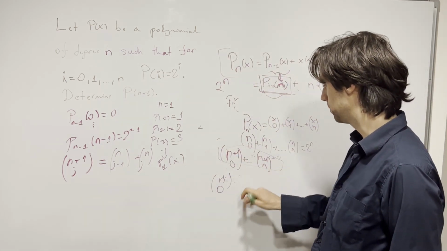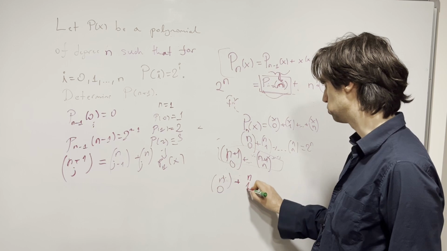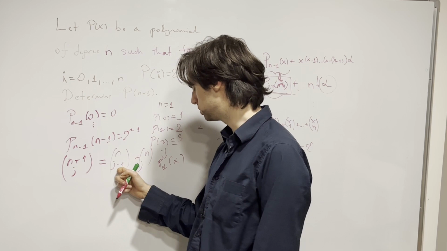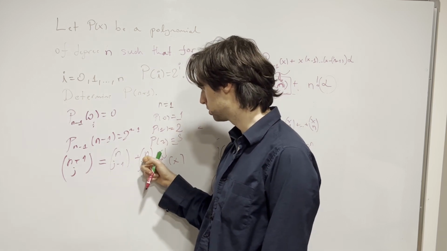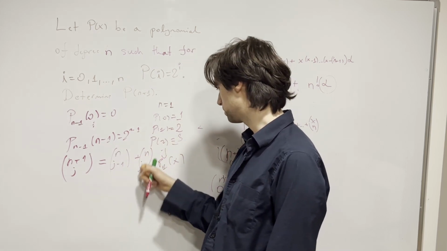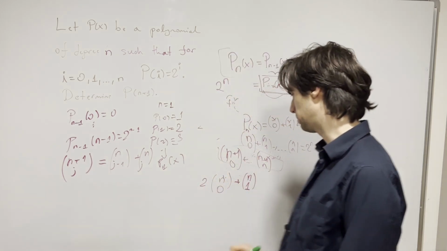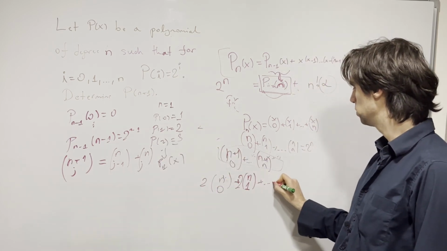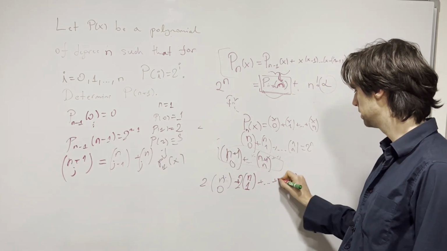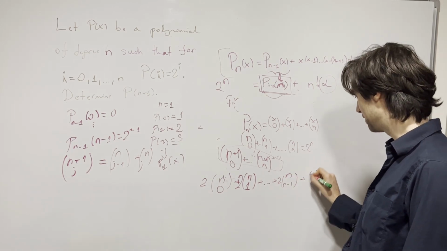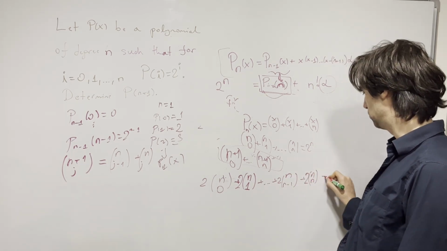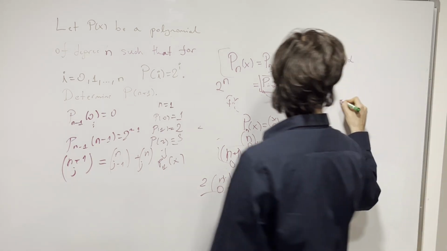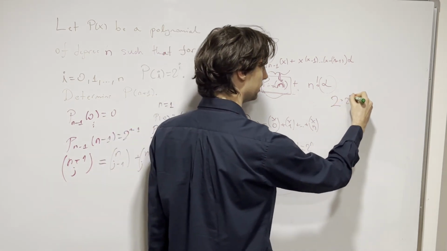So n choose 0 is coming twice, n choose 1 is coming twice, all the way till n choose n minus 1 is twice. And then n choose n only happens once. Add 1, subtract 1. And then this thing right here is equal to 2 times 2 to the n minus 1.